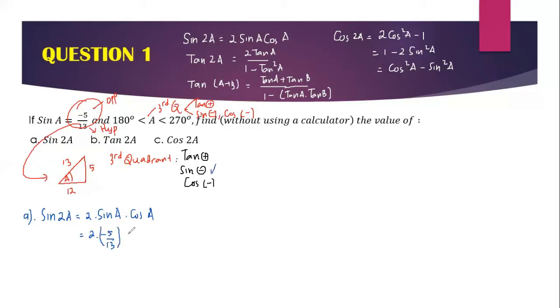And then cosine, open the brackets, negative too. Cosine is 12 over 13. Is it clear to you, everyone? Yes, sir. Okay, next. Negative times negative is positive, right? So the answer is 120 over 169. Is it clear? Yes, sir.